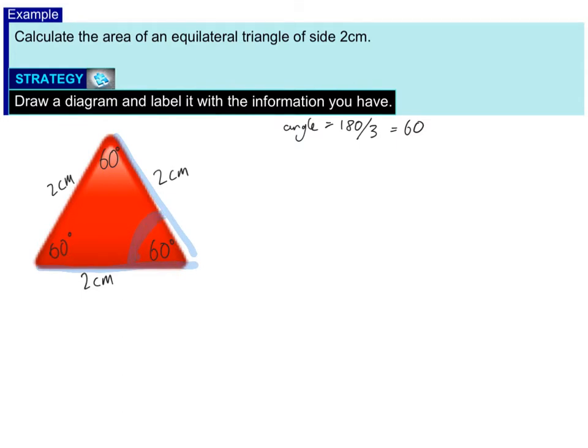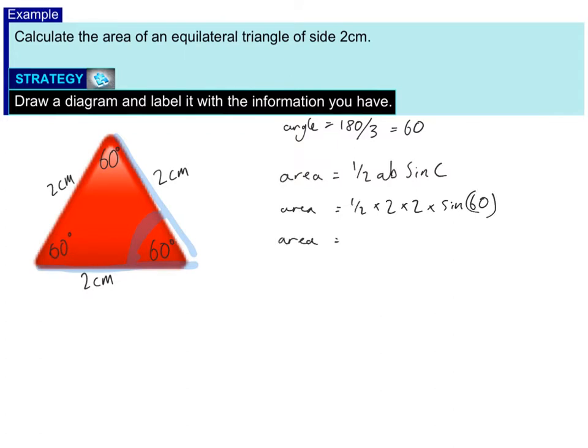Now, I could have highlighted any two sides, and I've ended up with 2, 2, with a 60 between them. So I'm going to get the same area regardless. So my area is a half AB sine C. So my area is a half times 2 times 2 times the sine of 60.